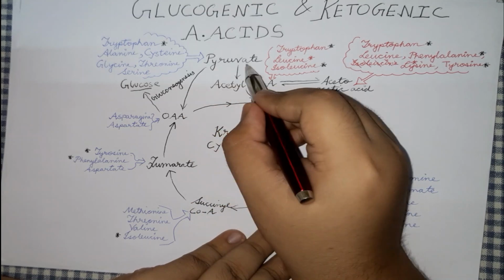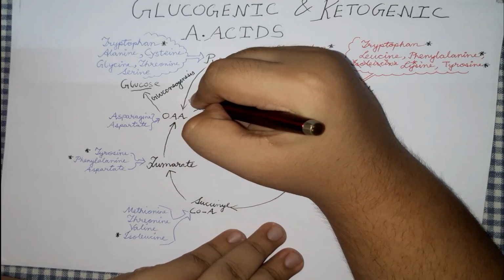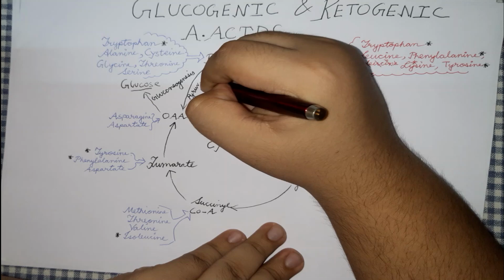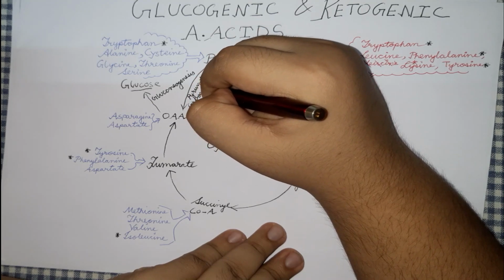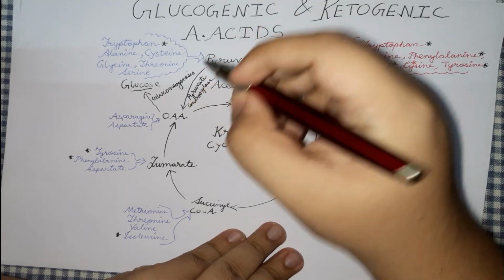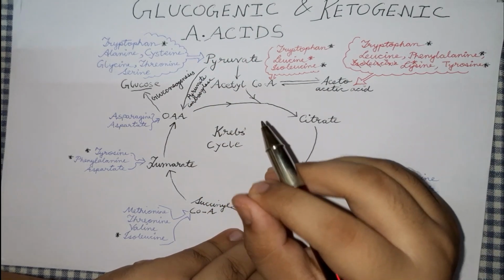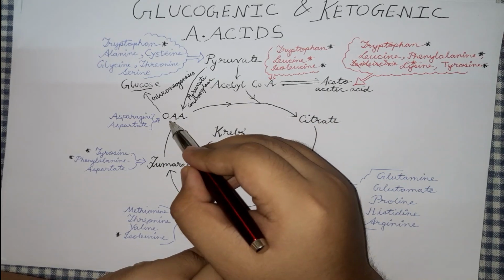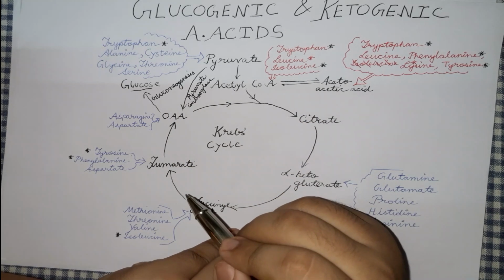Also, pyruvate, in the same process of gluconeogenesis, by the help of the enzyme pyruvate carboxylase, can form oxaloacetic acid. Now, why is oxaloacetic acid so important? It is important obviously because it is the link between gluconeogenesis and this Krebs cycle.